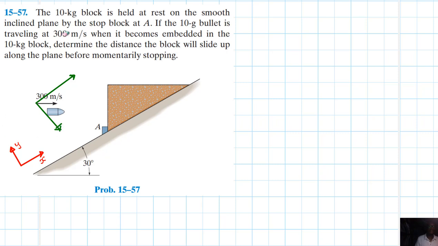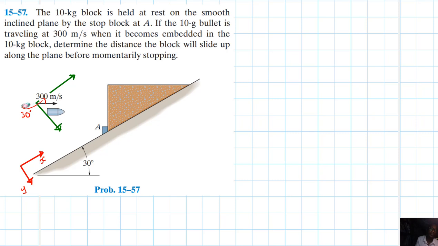In fact, instead of doing it like that, I'm going to take this one down. Right, there we go. So this is our y. Alright, so what do we have? This angle here is 30 degrees.